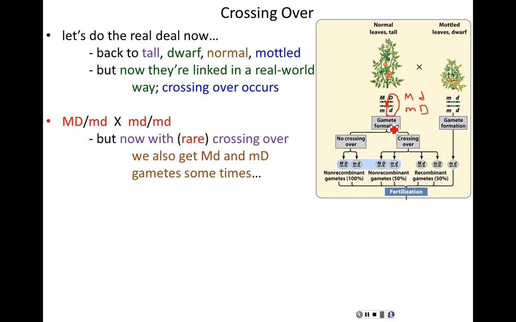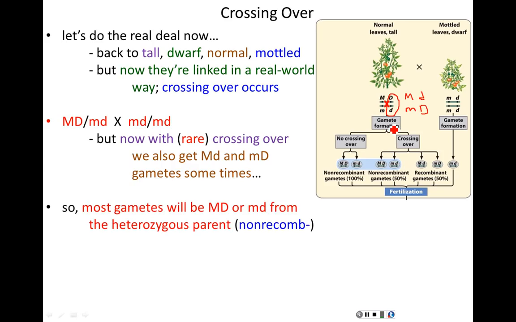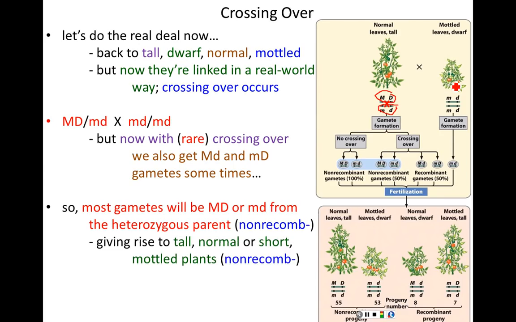Sometimes. Kind of rare. Since it's sometimes and kind of rare, most of our gametes are going to be the result of no recombination. Most of our gametes are going to keep the linkage pattern we find in this parent, giving rise to non-recombinant progeny that mimic the pattern we see in the parents, i.e., normal leaves and tall, or mottled leaves and short.